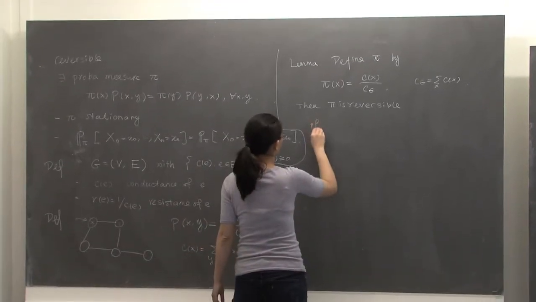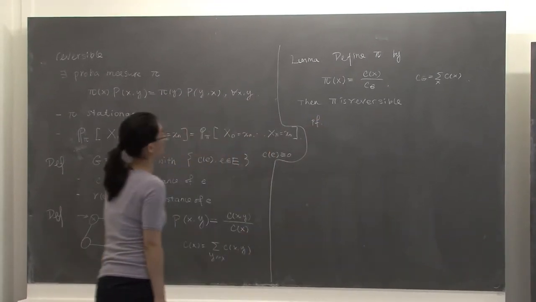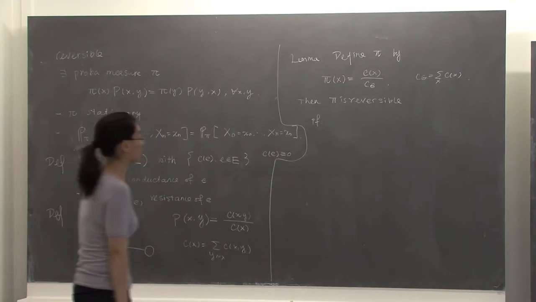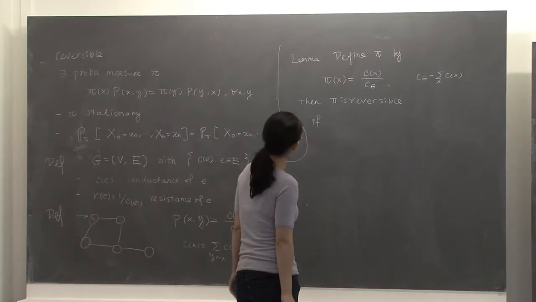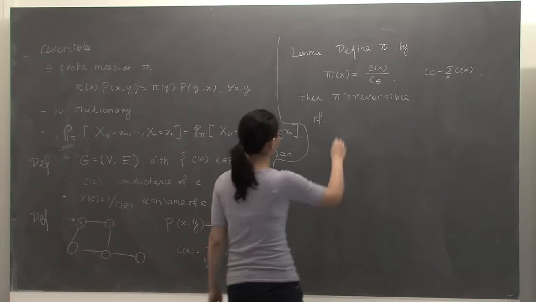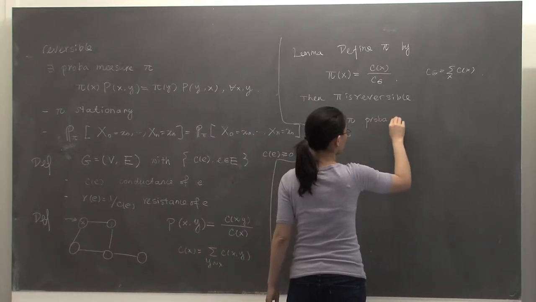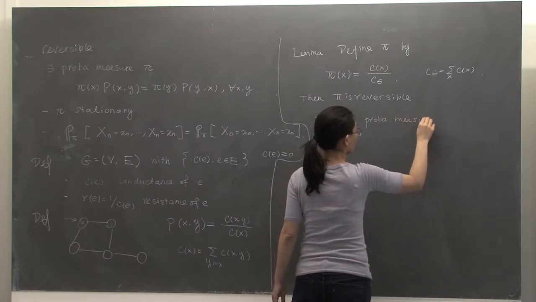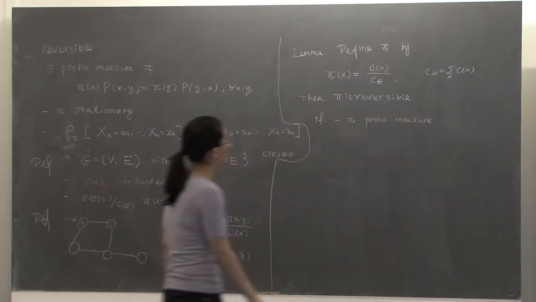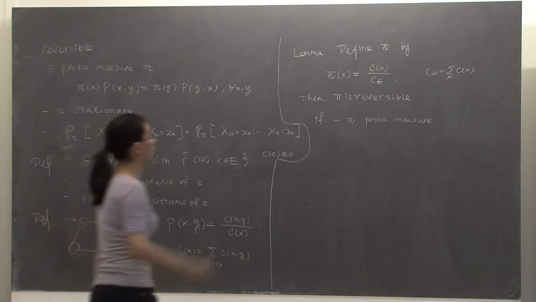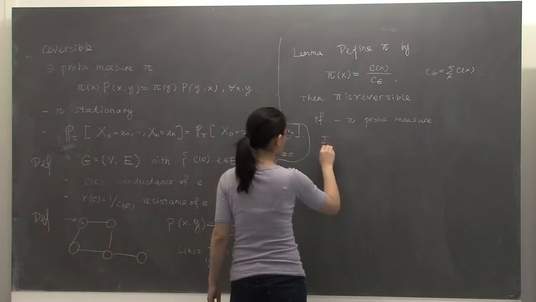Okay, so a quick proof, just to recall all the notions related to reversibility. When we want to show pi is reversible, first we need to show that pi is a probability measure. So we need to show that the total mass of this pi equals 1. So what's the total mass?